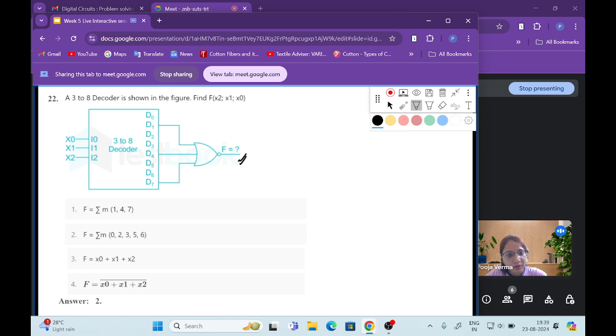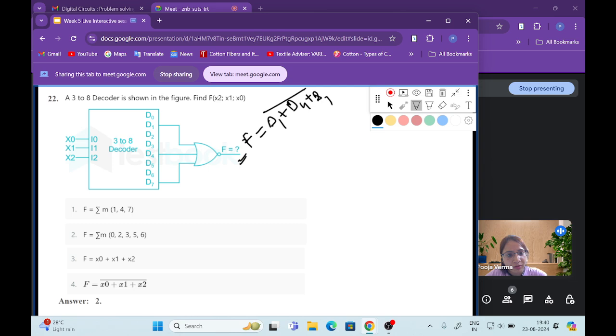It is a 3 into 8 decoder, 3 inputs and 8 outputs, and F is equivalent to D1 plus D4 plus D7, dash, right?